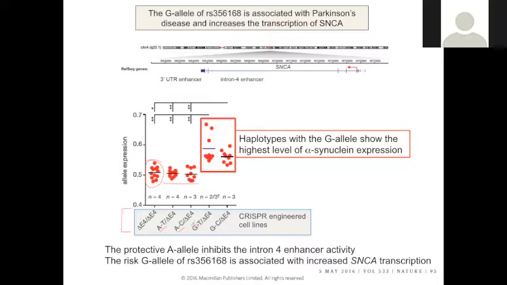However, as soon as we introduce a G allele, we see an increase in the expression of alpha-synuclein. This led the authors to conclude that it is the G allele in this enhancer in intron 4 of the alpha-synuclein gene that is associated with increased expression of alpha-synuclein.